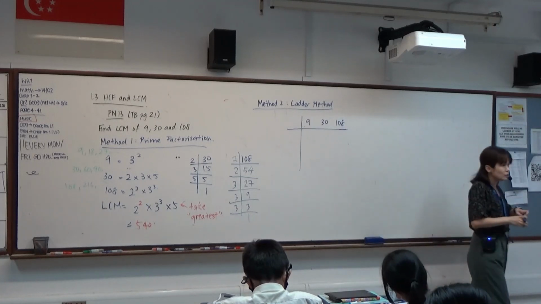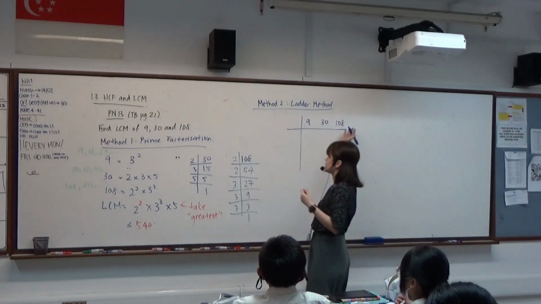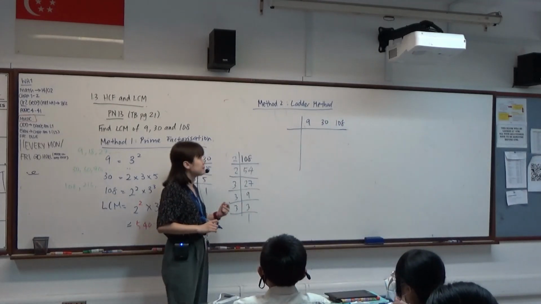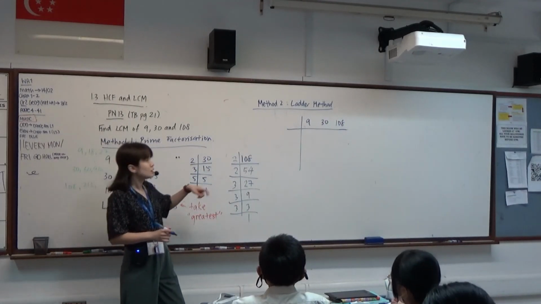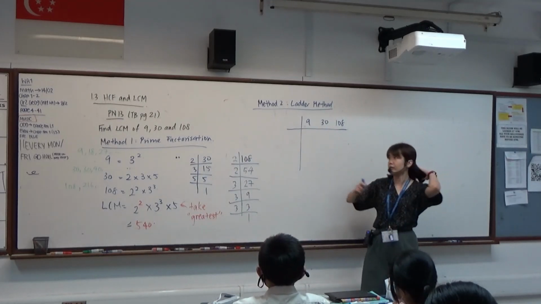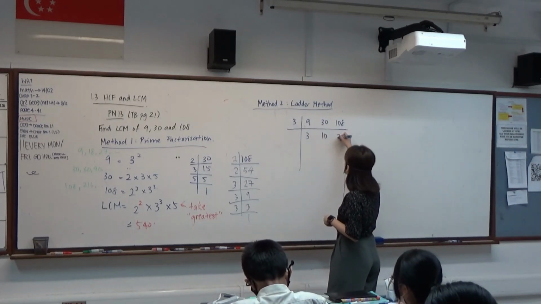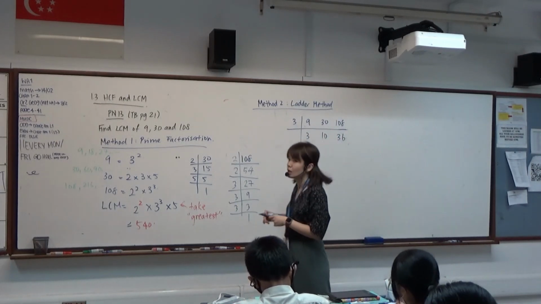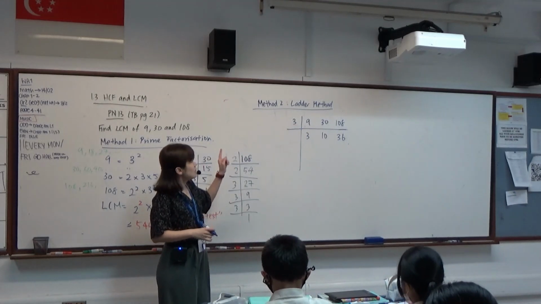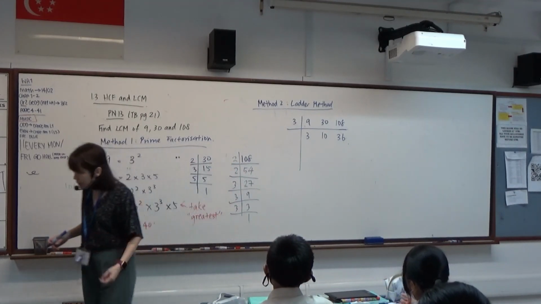I will look at the 3 numbers and determine the common prime factor amongst all of them. What can 9, 30 and 108 all be divided by? 3, right? So divide by 3, I'll get 3, 10 and then 36. Then between 3, 10 and 36, what else can I divide by?